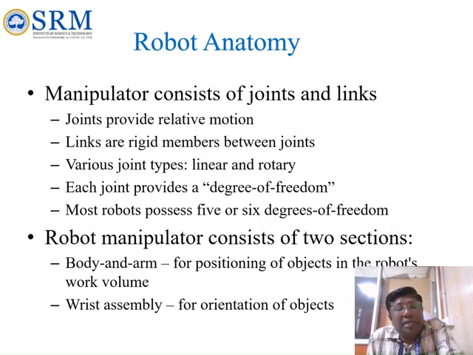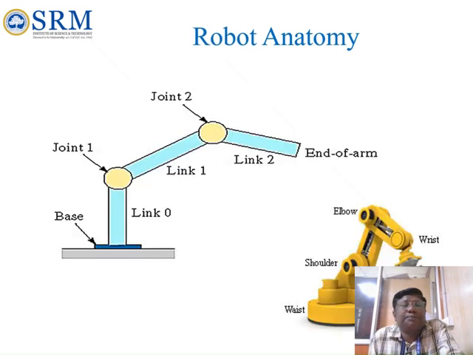So primarily, as I told, it is having two different axes. One is called the primary axis, another one is called the secondary axis. The primary axis is required to go to the required location, and the secondary axis is used to perform the useful operations. Okay. The wrist consists of the part where you are going to give the end effector and other things.